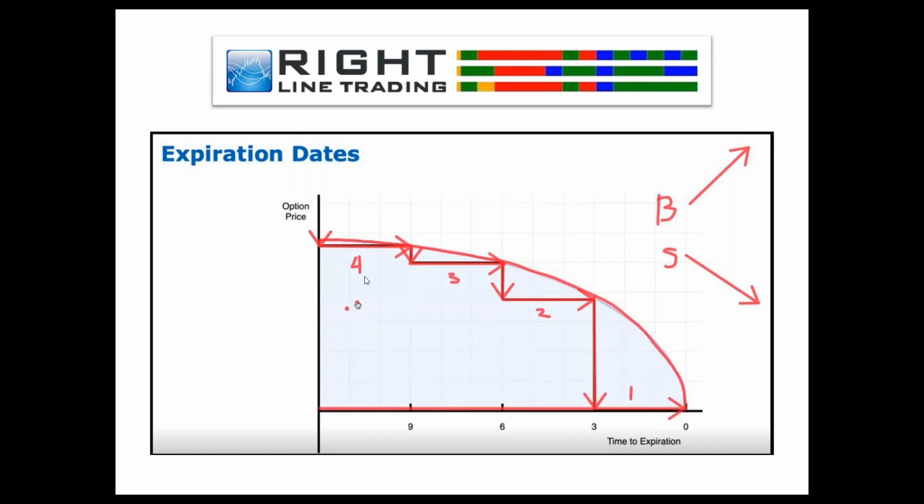And let's divide this into 4 quadrants. There's 1, 2, 3, and 4. Now, there's actually 4 directions when we look at options. There's bullish and non-bullish, and there's bearish and not bearish. But for the time being, we're just going to look at 2 directions. If we're bullish, we're going to buy a call. If we're bearish, we're going to buy a put.